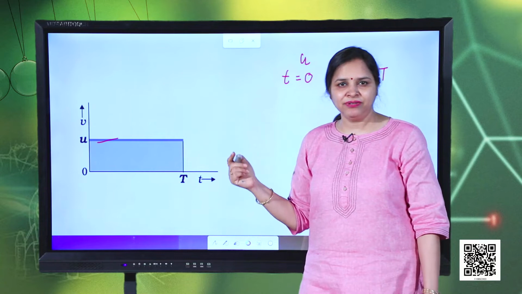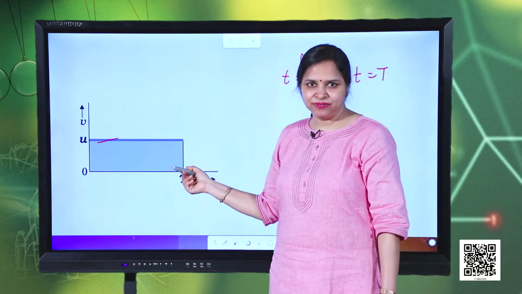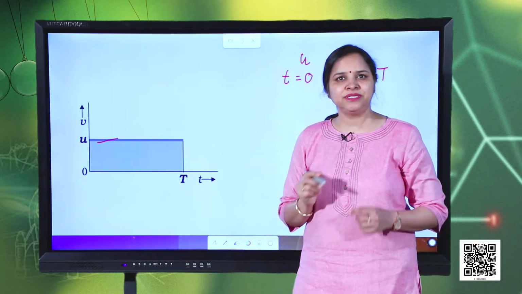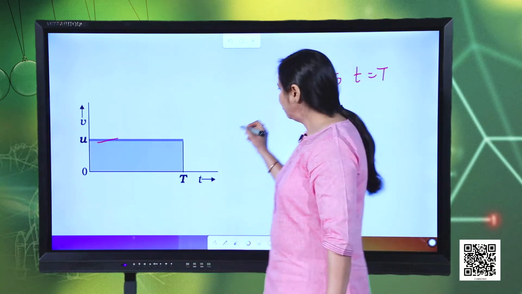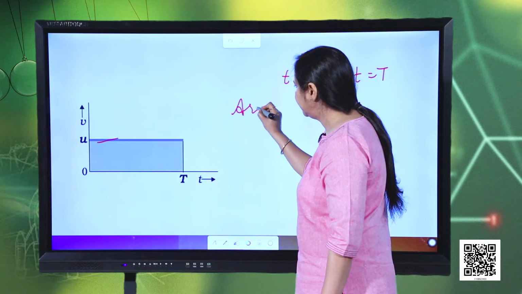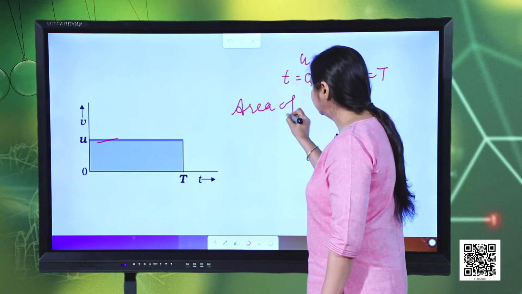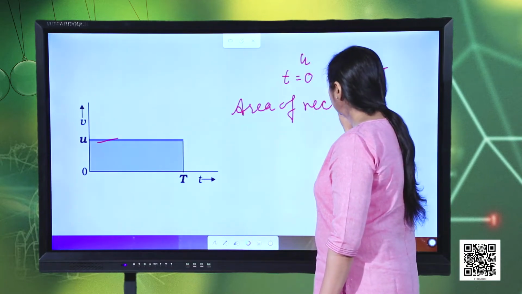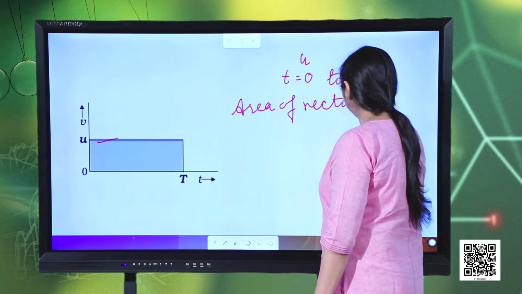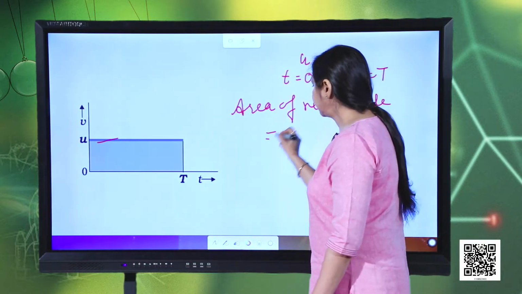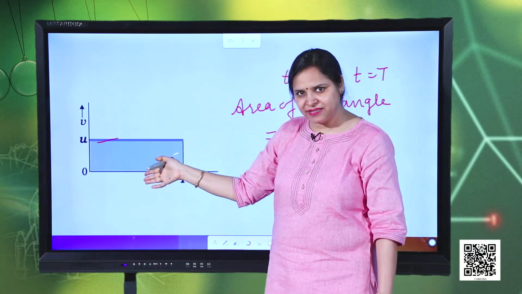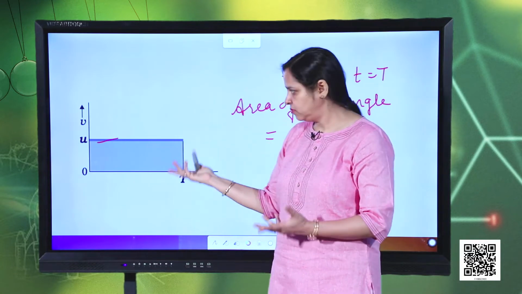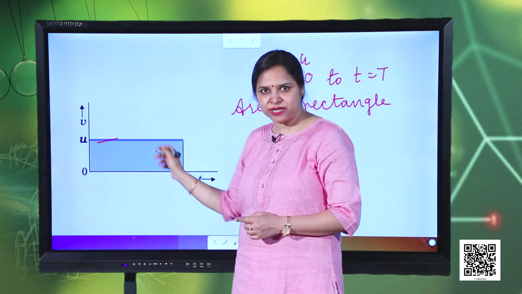Now, let us find out the area under this curve. For this we need to determine the area of this rectangle. What will be the area of this rectangle? You know, for the area of a rectangle we multiply length with its height, or length with its width, whatever, the multiplication of the two dimensions.